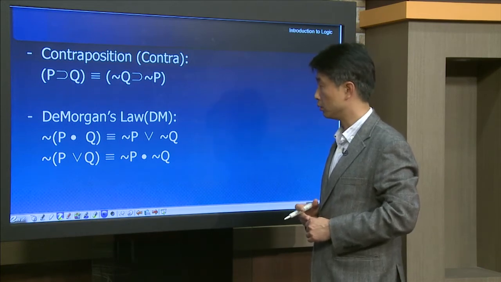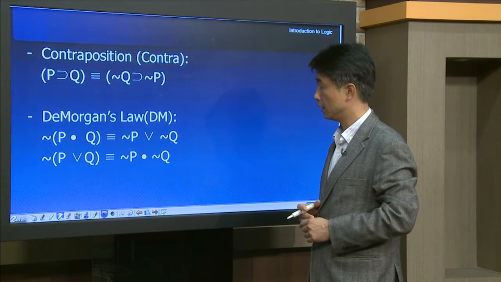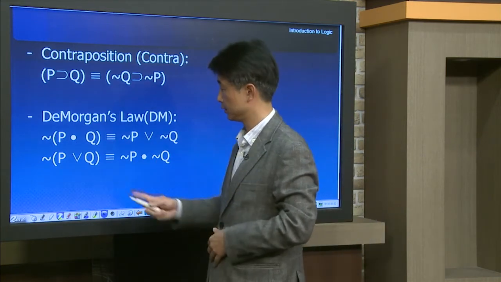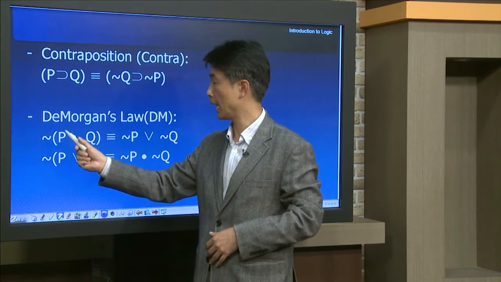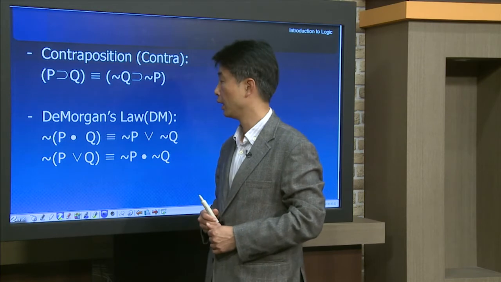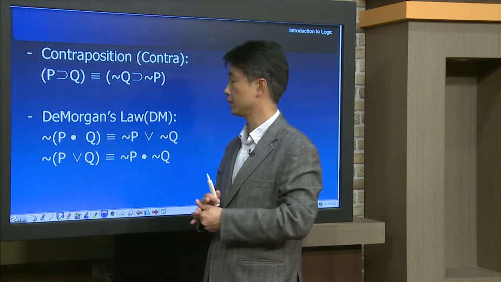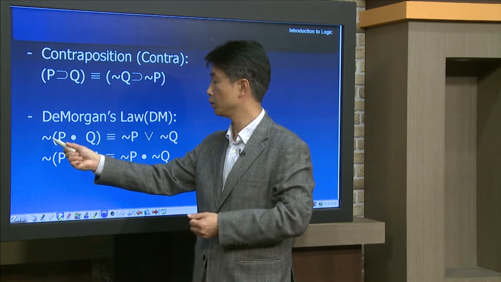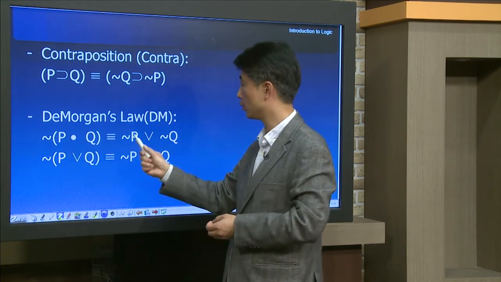De Morgan's law, DM, allows you to remove the parentheses. It says there is a negation sign in front of parentheses, and you can remove the parentheses by distributing the negation sign to each of them.